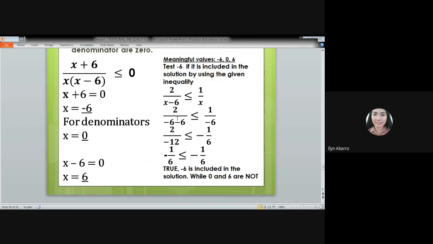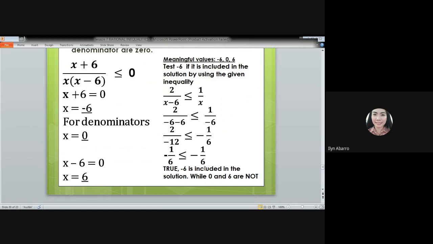So 2 over negative 6 minus 6 is negative 12, is less than or equal to 1 over negative 6, is negative 1 over 6. So 2 over negative 12 is negative 1 over 6 when we simplify it to lowest terms, is less than or equal to negative 1 over 6.